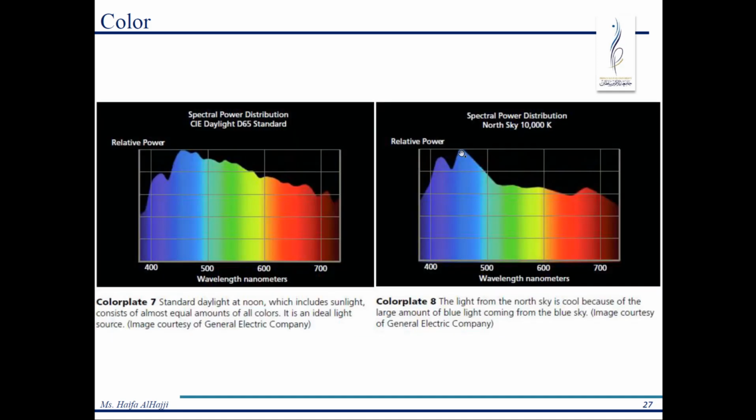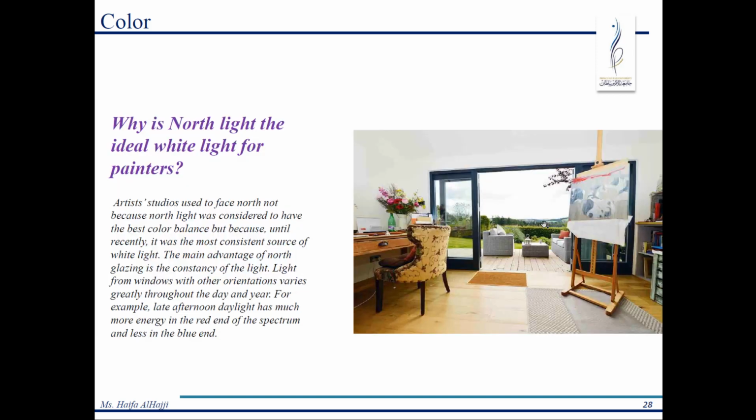It's going to stay the same but with a different amount, which is not going to affect your mixing and how you view your painting. So this is why north light is the ideal white light for painters. This is the basic reason why the northern window is most preferred for painting, mixing colors, and working on a project that needs colors.